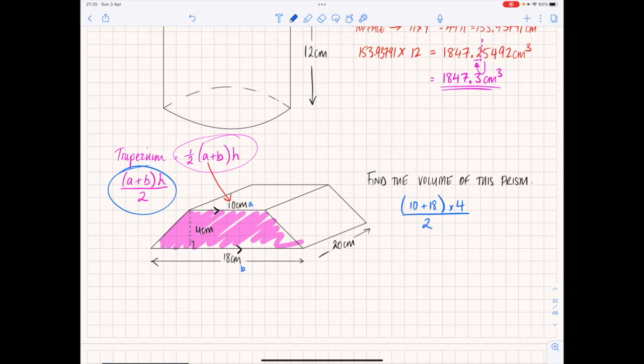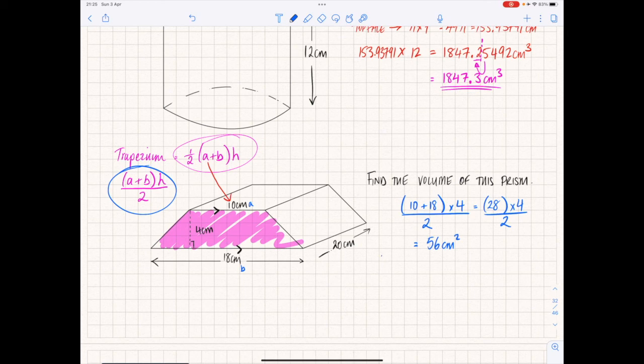Now you can break this down step by step if you want to. You could then say, right, well, that's 28 in the brackets times by 4 divided by 2. And if you work that out, you'll end up with an answer of 56 centimetres squared. Or you could work it out all in one go on your calculator, type it in.